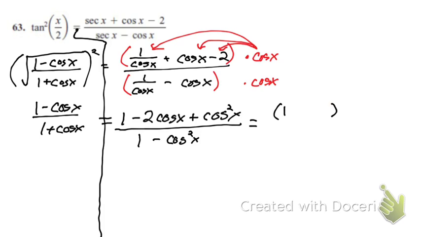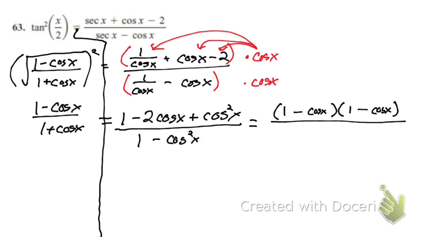In our binomial times a binomial, I'm just going to have a 1 out front because I have a 1 here. 1 times 1 equals 1. For this to work, we must have a cosine x and a cosine x, and they have to both be negative, so that when I distribute this, I'll have a negative 2 cosine x.